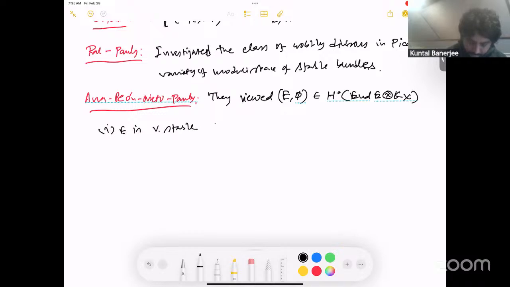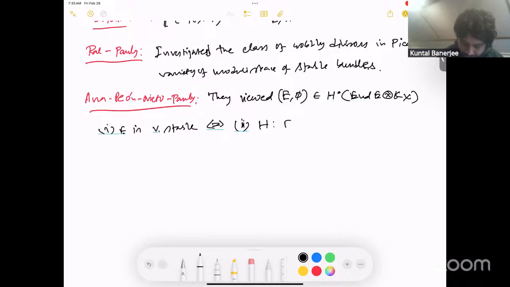it is very stable if and only if the restriction of the Hitchin morphism is proper. The Hitchin morphism is the morphism that calculates the characteristic coefficients as sections of the tensor power of the twist.